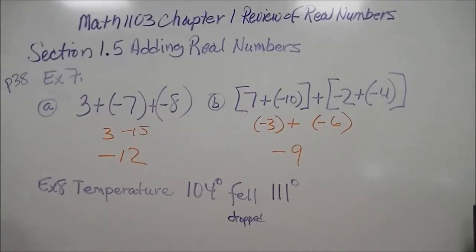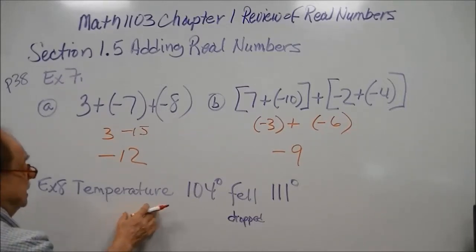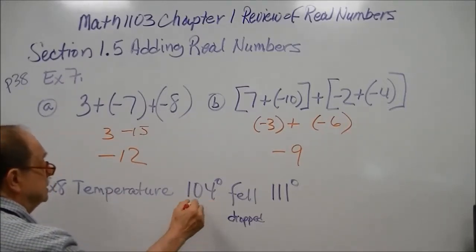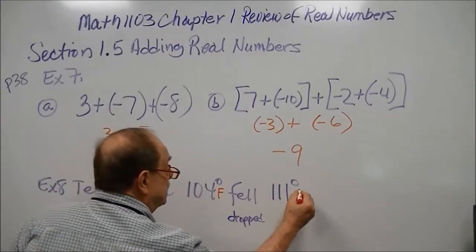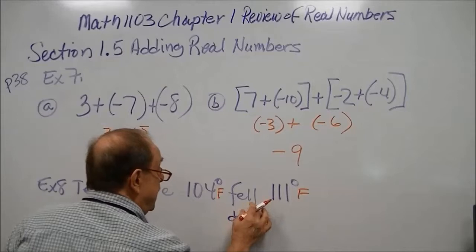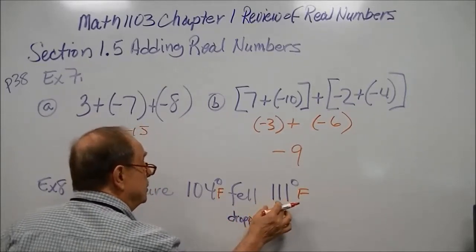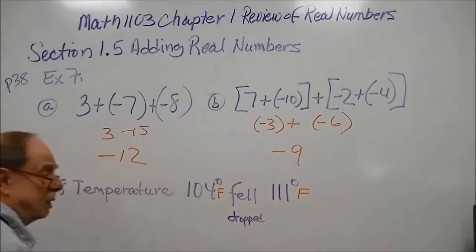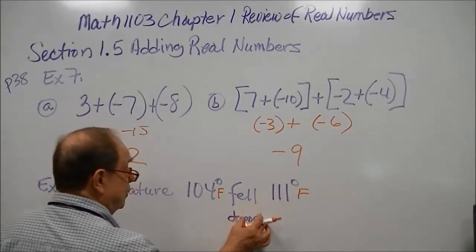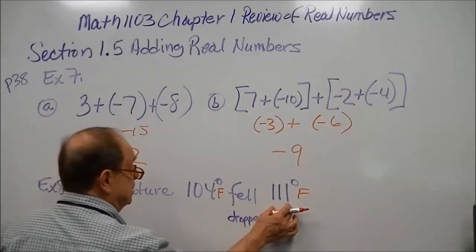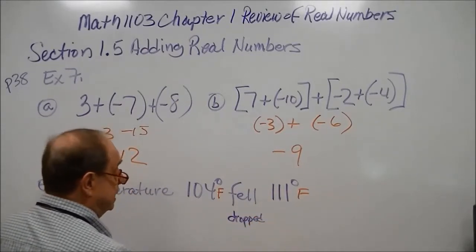All right, in example 8, they're talking about a temperature that is 104 degrees Fahrenheit, and then it fell by 111 degrees. What would be the end temperature? Well, here, notice the word fell or it dropped, this implies negative.